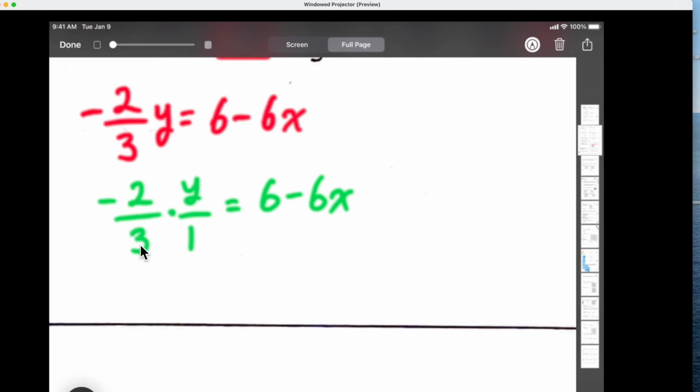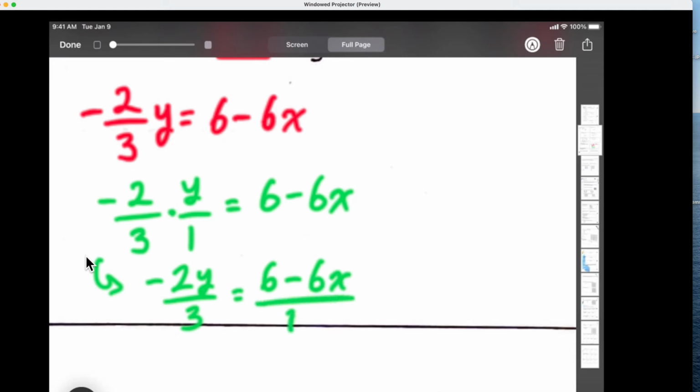Multiplying fractions, you do not need a common denominator. So this is going to become -2y over 3 equals 6 minus 6x over 1. Because I'm allowed to change that into a fraction over 1. You could put anything over 1. We put that y over 1. You can put this expression over 1.